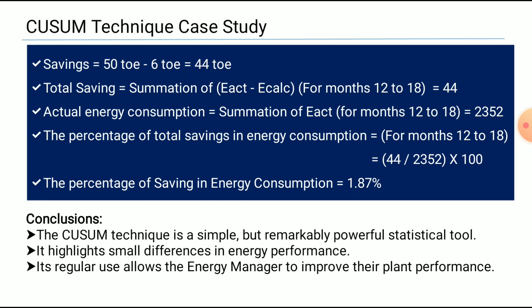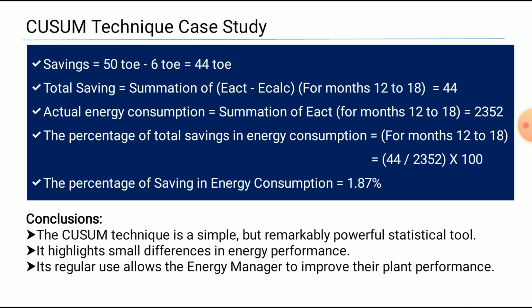The actual total saving is equal to the summation of E actual minus E calculation for months 12 to 18, that is 44. The actual energy consumption is equal to the summation of E actual for months 12 to 18. It comes to 2352.